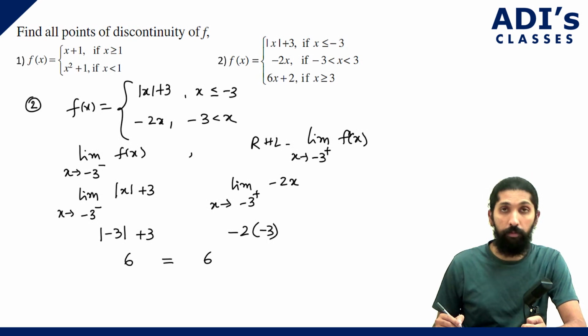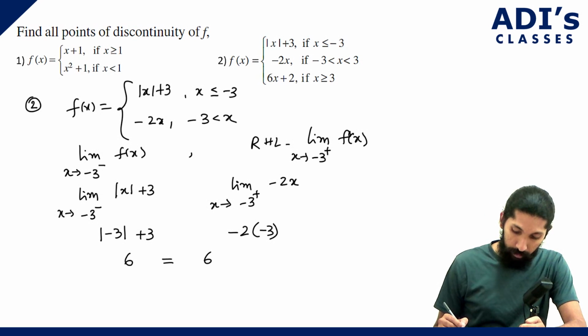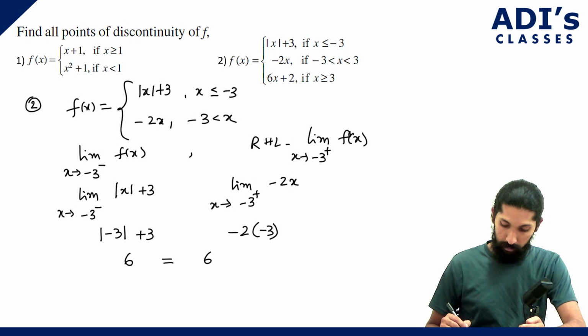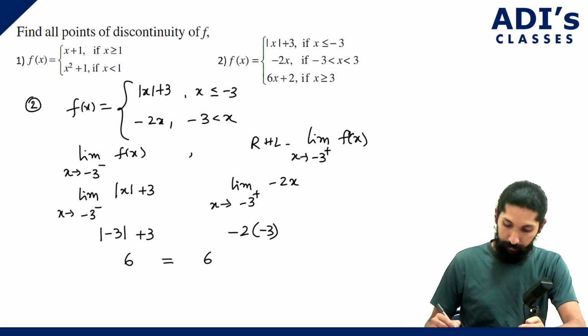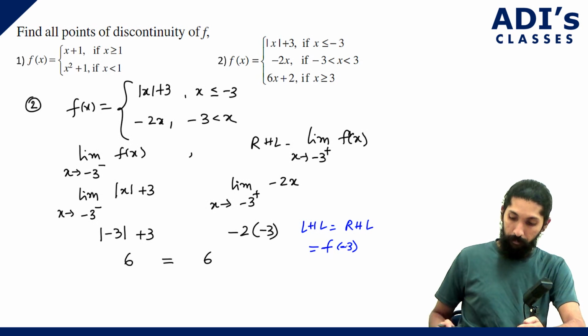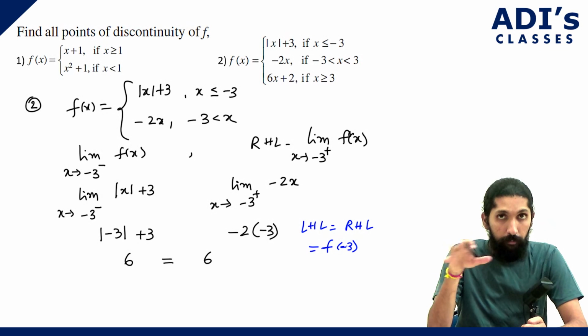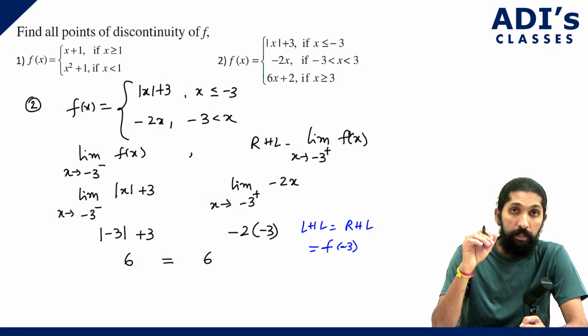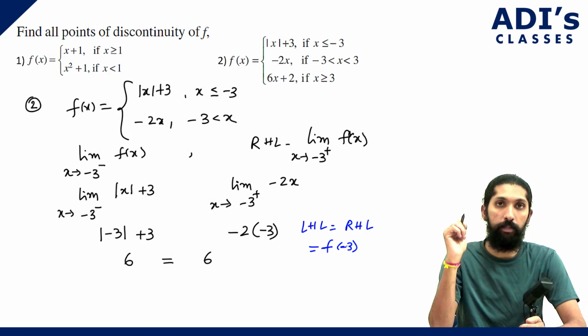LHL is equal to RHL, which is also equal to f of minus 3. All three are equal, so it is continuous at x equal to minus 3.